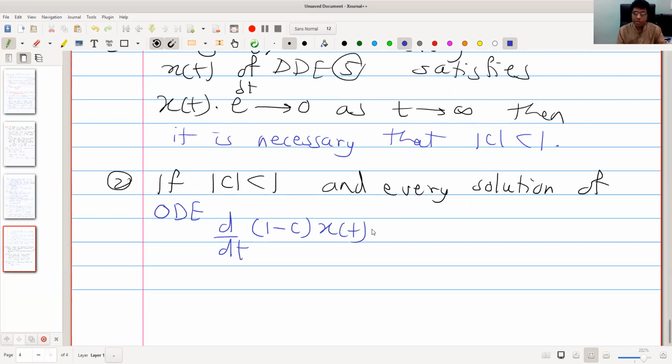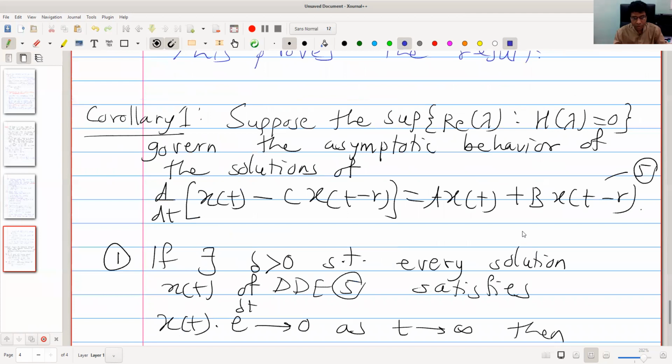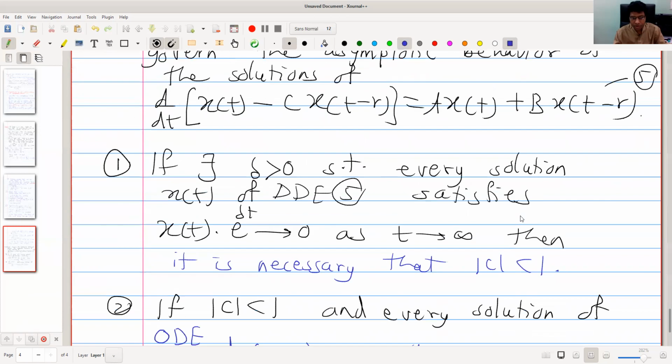Here we are putting r equal to 0 in the corresponding delay differential equation, equal to (a plus b) x of t. What we are doing? We are tending r to 0 so that this becomes x of t minus c x of t, and the right hand side a x of t plus b x of t.